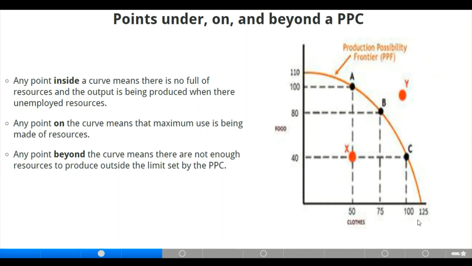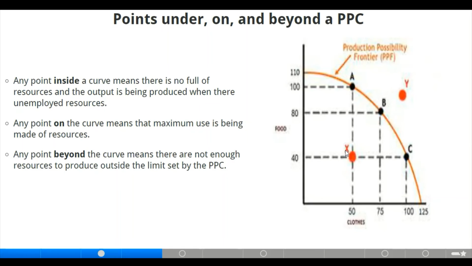Let us check the points inside this PPF. We have point X. This point X means resources are not fully used because there are unemployed resources.